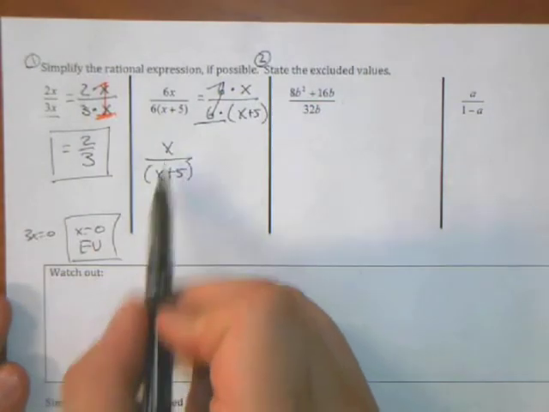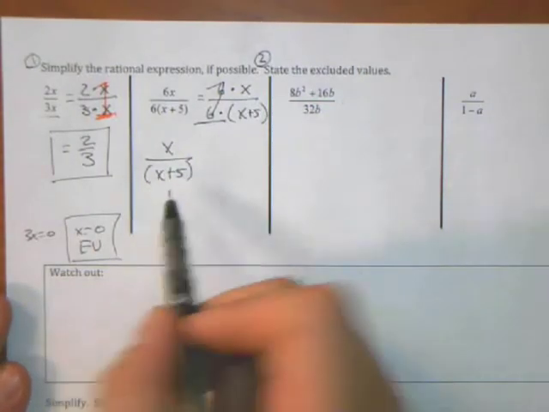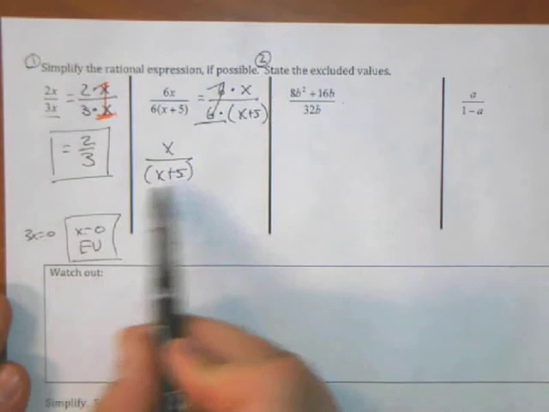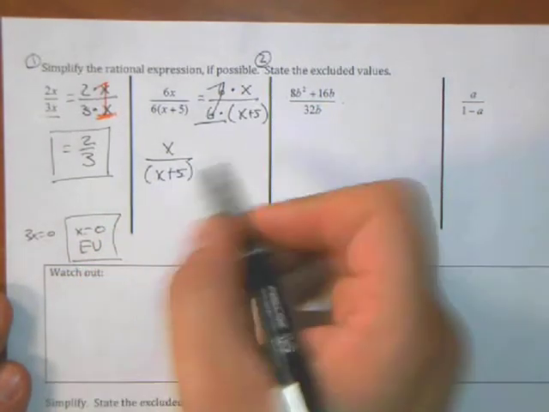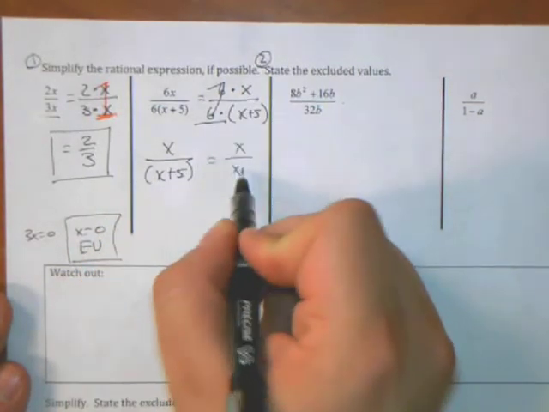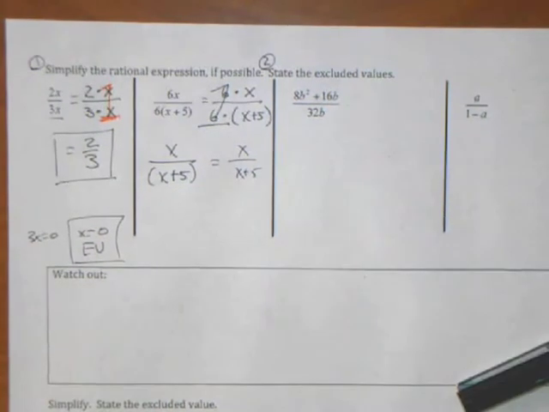There are no factors in common here because there's not an x multiplied to everything on the bottom. You don't need to put the parentheses. You could just write this x over. Okay. We'll finish these notes tomorrow. Here is the homework you can get started on.